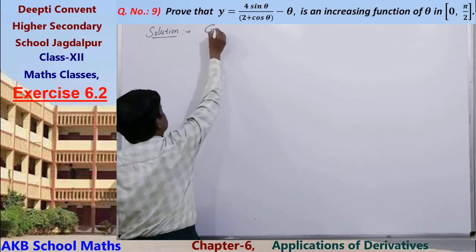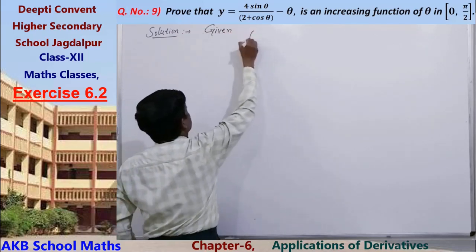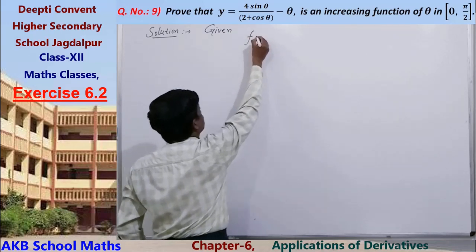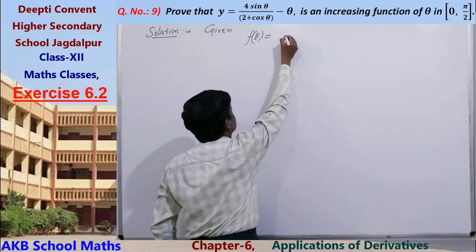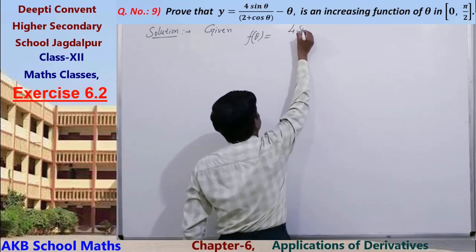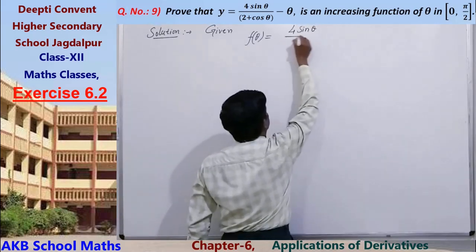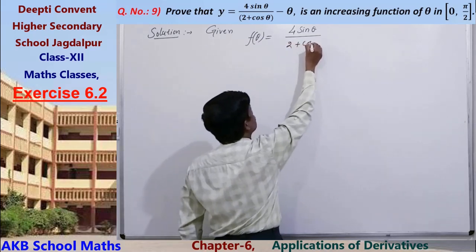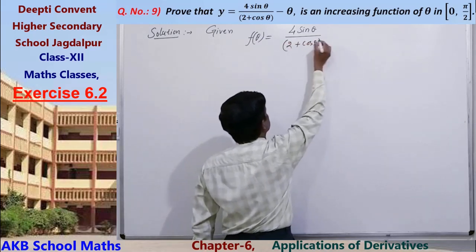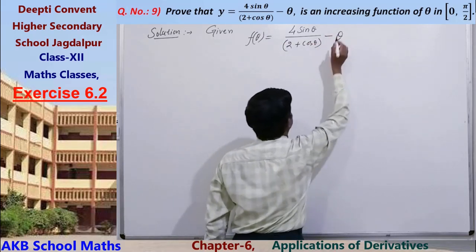Given function is what? F of theta equals to 4 sin theta upon 2 plus cos theta minus theta.